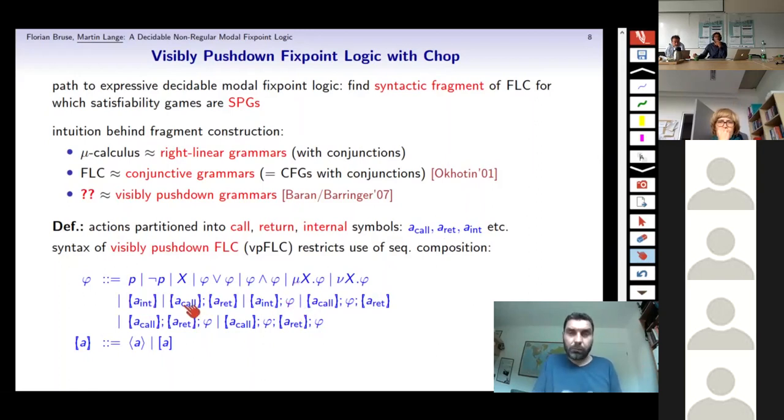But if I use a modal formula with a call symbol, then I either have to follow it immediately by a return symbol, or I have to follow it eventually by a return symbol with something else in between, or I follow it immediately by a return symbol and then continue afterwards with something else, or both.